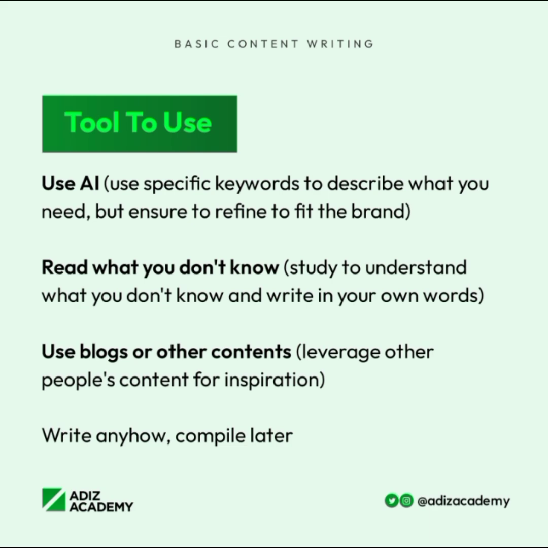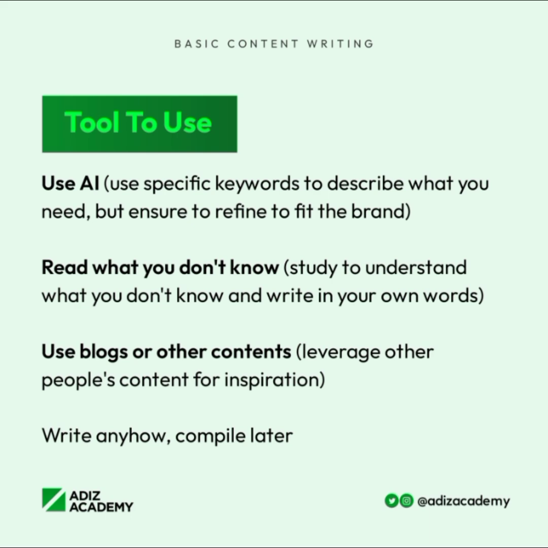You cannot just go to ChatGPT and say, give me content for a copywriting brand. It's going to give you generic content. You need to be specific because you are the content writer. You do your research, you know what you want, and you ask it the right questions. When you ask it the right questions, it's going to give you the right answers. I hope you understand me.